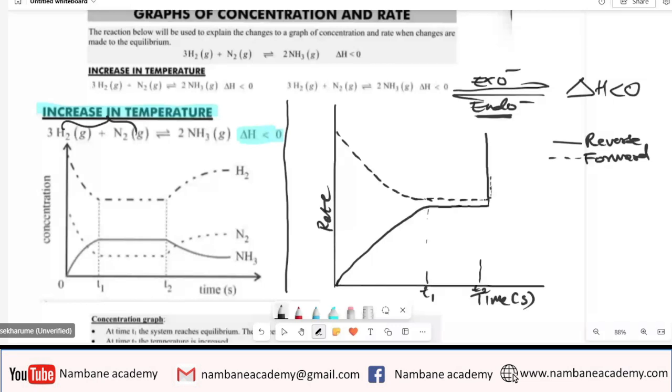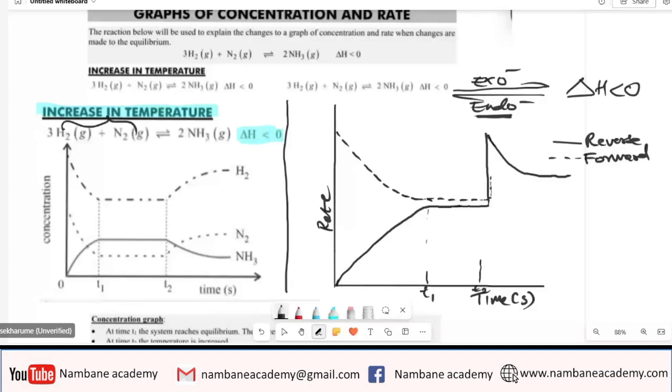So the reverse reaction is increasing more, because of Le Chatelier's principle, the disturbance on the system. So we want to do what? We want to reinstate the new equilibrium by doing what? By opposing the disturbance. If the temperature is increasing, I need to oppose it. What do I need to do? To work on the system. The system will work on the disturbance by decreasing it.